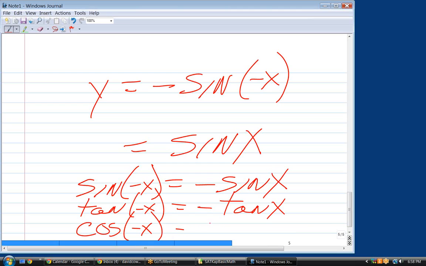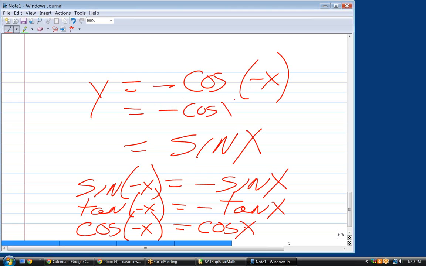Cosine of negative x is just cosine of x. So make this cosine, and now that whole thing is equal to minus cosine x, because this part here is equal to cosine x. So these bottom three are important.